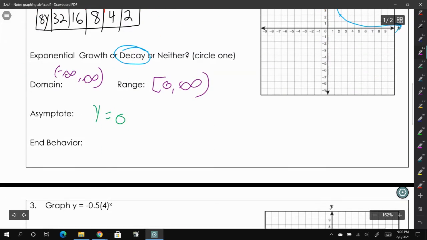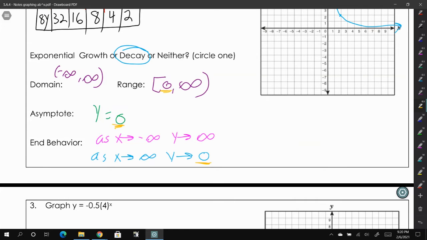So as x approaches negative infinity, y approaches positive infinity. And as x approaches infinity, y approaches 0. And you can see the range, asymptote, and the end behavior all have that 0 for y.